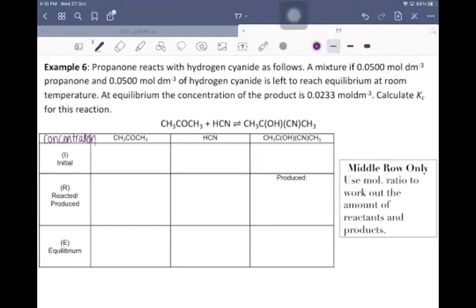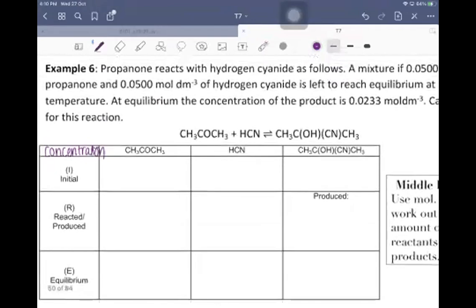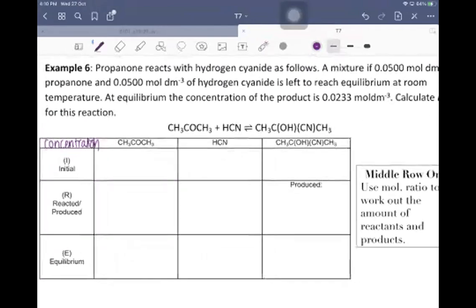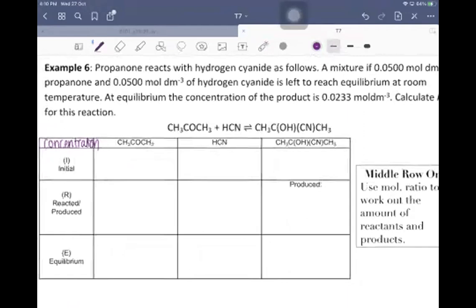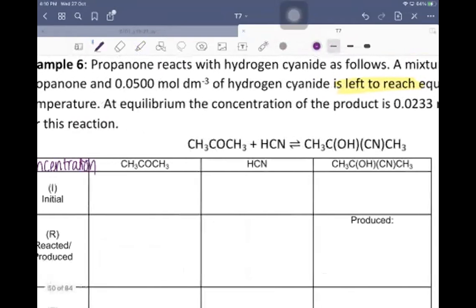However, we still don't know if the concentration is at initial, equilibrium, or how much has reacted or produced. A mixture of 0.05 mole per dm cube of propanone and 0.05 mole per dm cube of hydrogen cyanide is left to reach equilibrium. That means it hasn't reached equilibrium yet. These numbers that are given to you are initial concentrations.